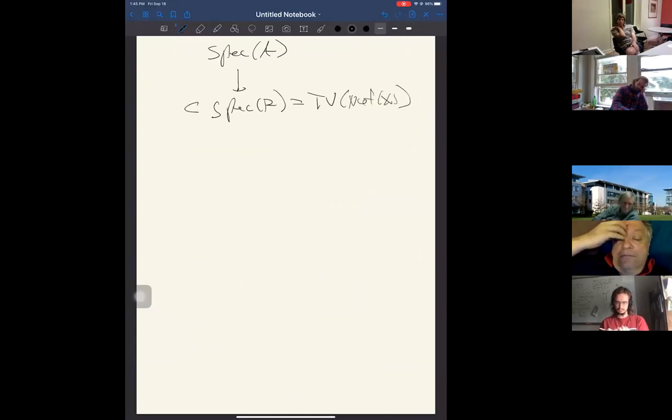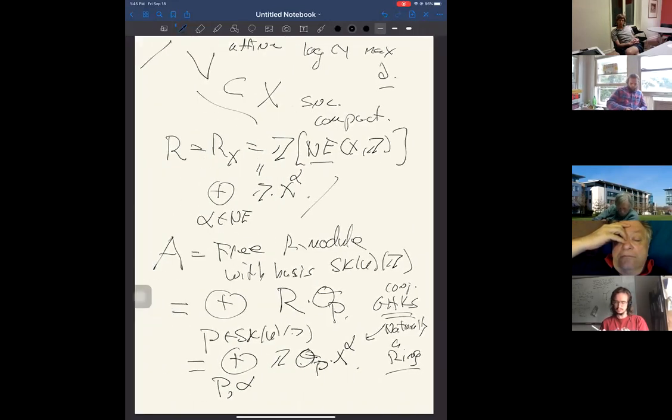Inside of here, we have a torus given by the Picard group of X. Let's call this U.